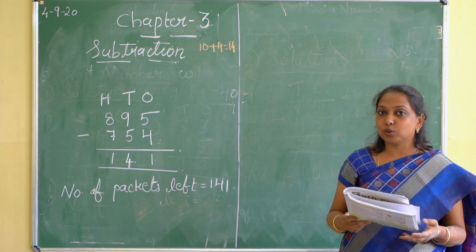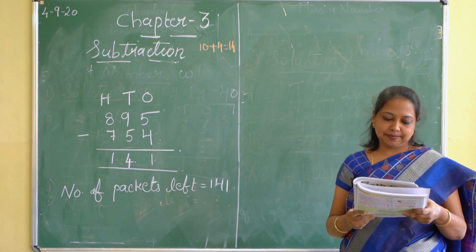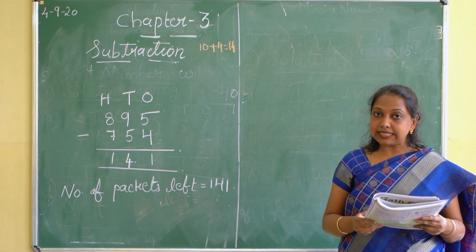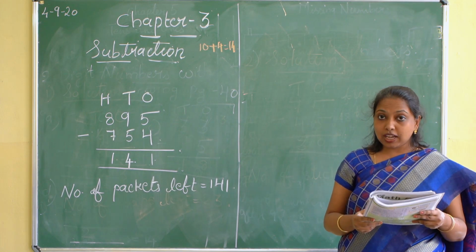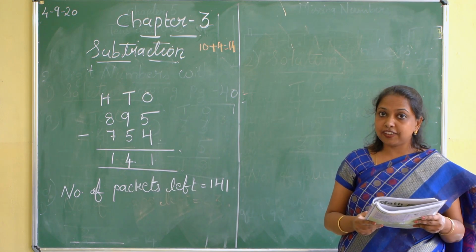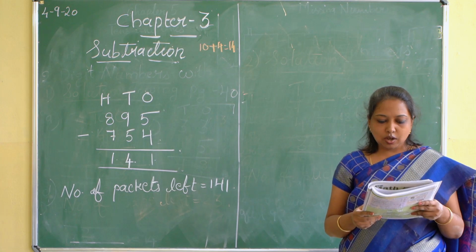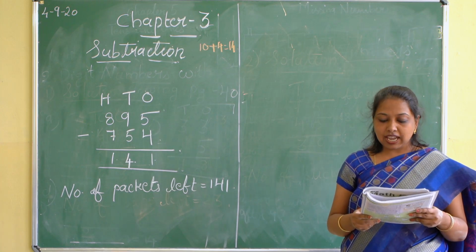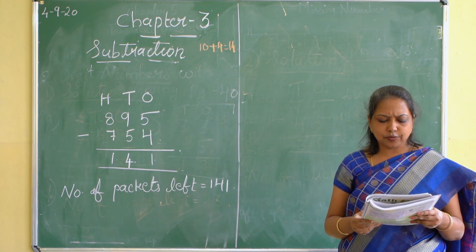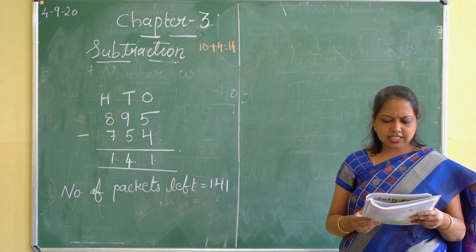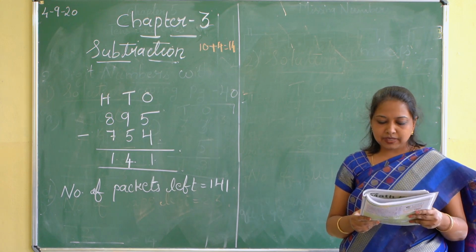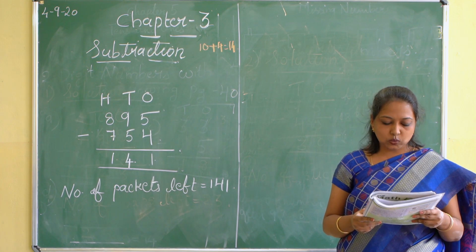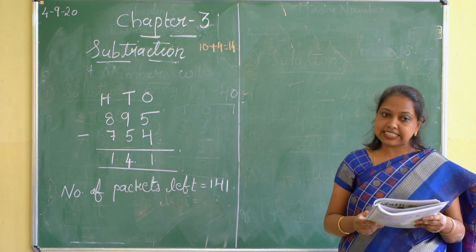Okay, so what you have to do? Subtraction. First of all, you have to write the statement. So you have to find how many numbers are given in this question. Two numbers, 487 and 371. What is 487? It is the number of seats. And what is 371? It is number of people seated.